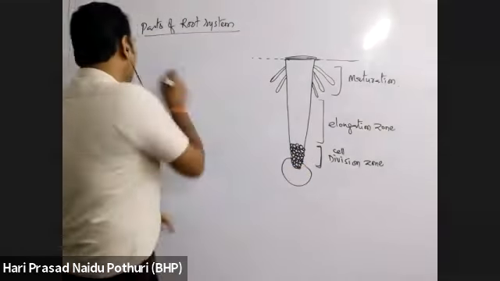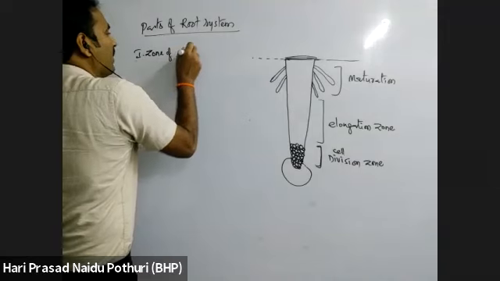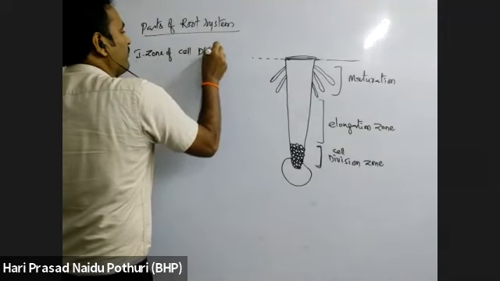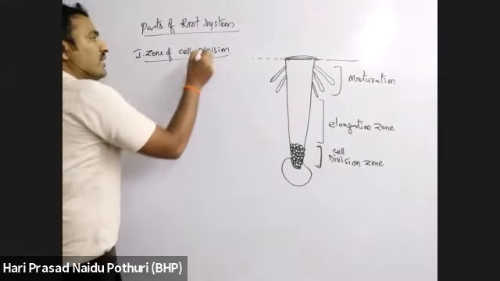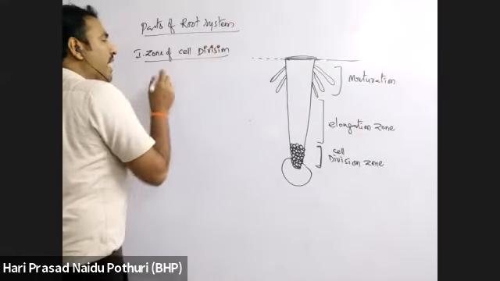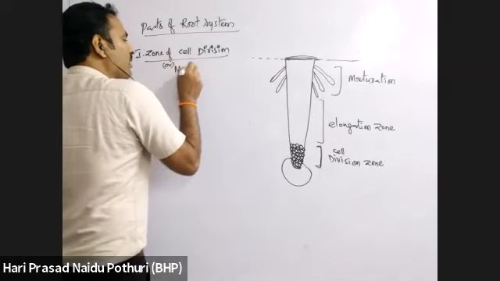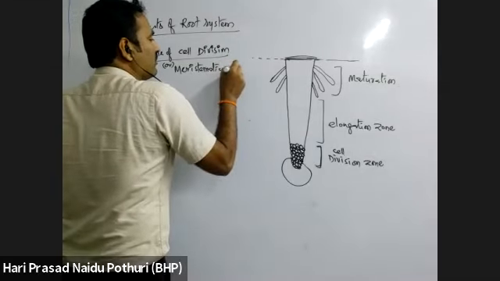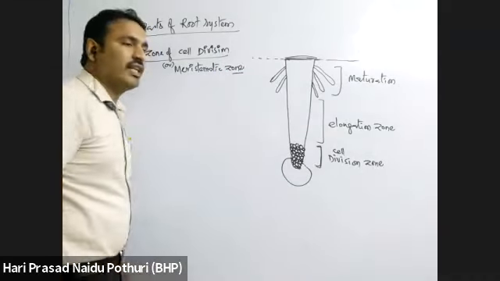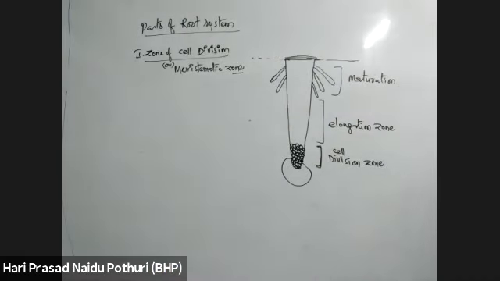So the first one is the zone of cell division. Actively dividing cells are present, that is called the meristematic zone. The zone of the root where actively dividing cells are present is called the meristematic zone.